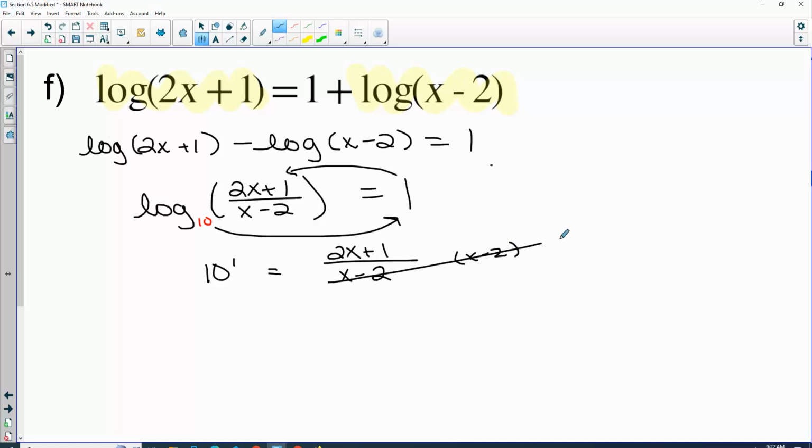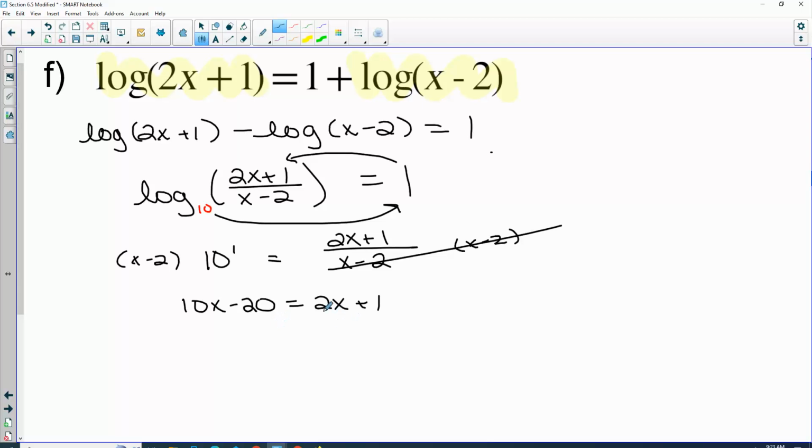If we multiply over the x minus 2, minus 20. Subtract our 2x, add over the 20, quick check, when you put it in, your arguments are positive.